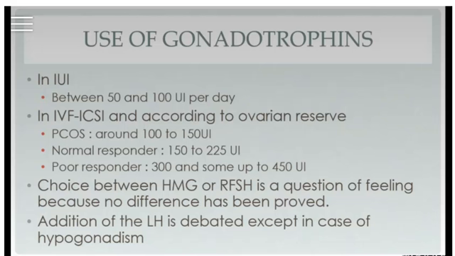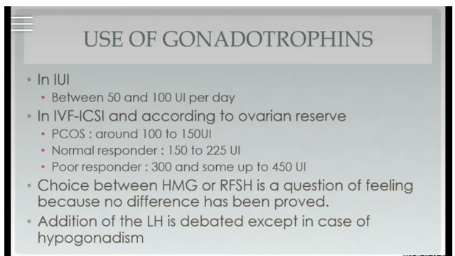In IVF, ICSI, according to ovarian reserve. For example, in PCOS, around 100 to 150 units. In normal responder, 150 to 225 units. And in poor responder, 300 units, and for some people, up to 450 units.